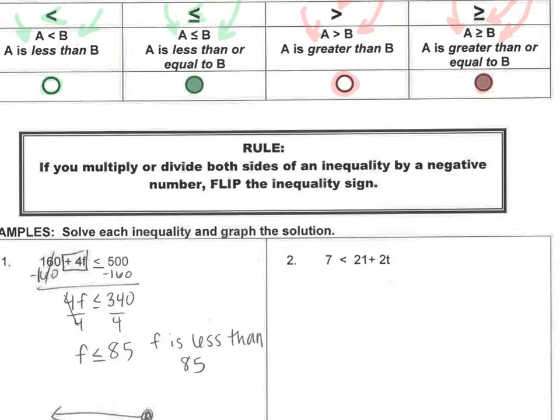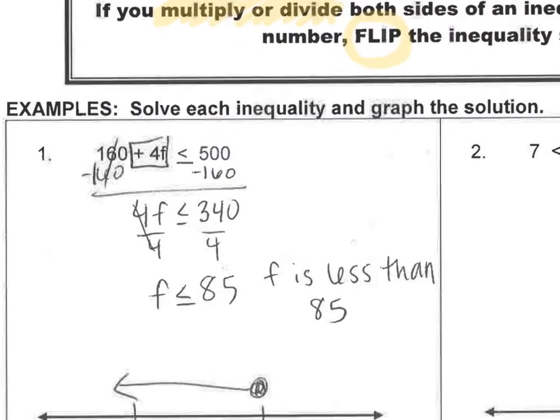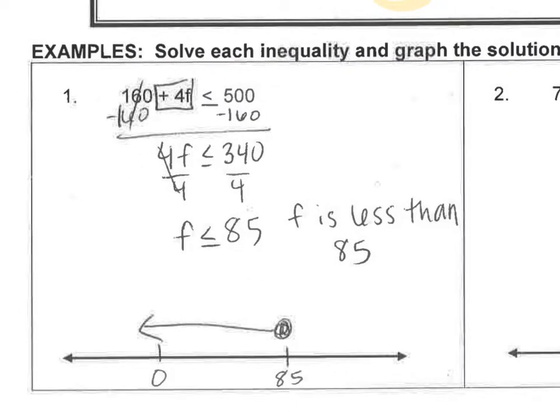Now, something for you to remember and to keep track of is that whenever you multiply or divide both sides of an inequality by a negative, you flip or switch the inequality sign, depending on how you want to do it, okay? So let's take a look at what that actually looks like in a problem real quick.